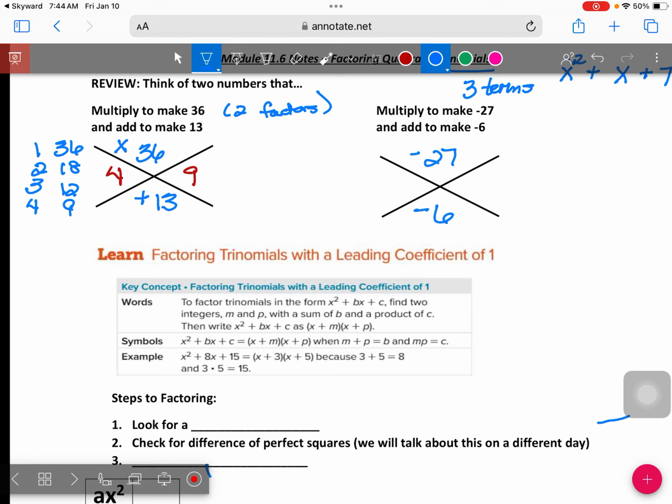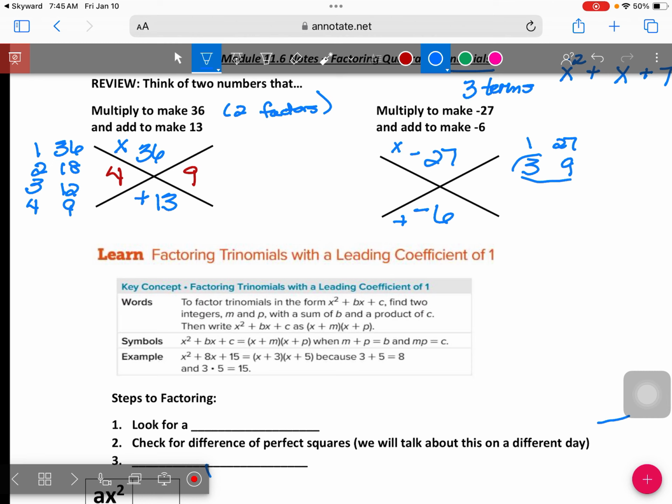So they have to add to give negative 6, multiply to give negative 27. Don't worry about the signs initially when you're trying to think. Think 1 and 27. Is 2 a factor of 27? No. 3 and 9. 4 doesn't work, 5 doesn't work, 6, 7, 8, 9. So that's it. Which of these is going to add up to be negative 6?